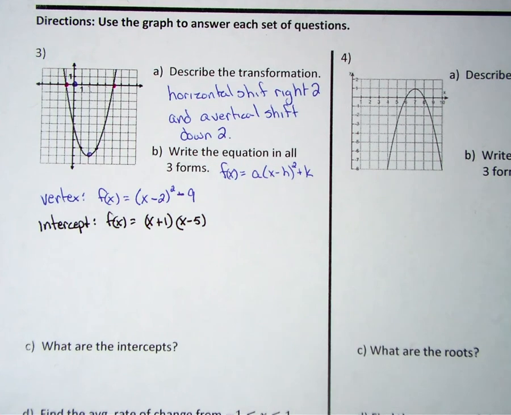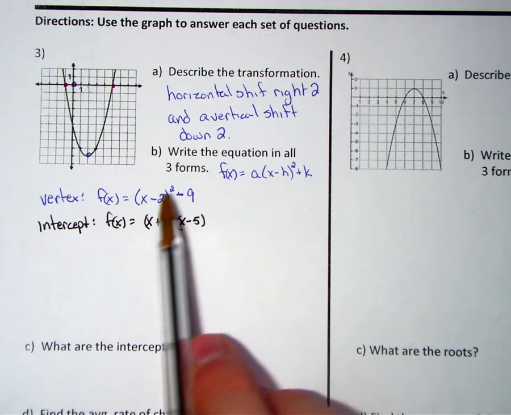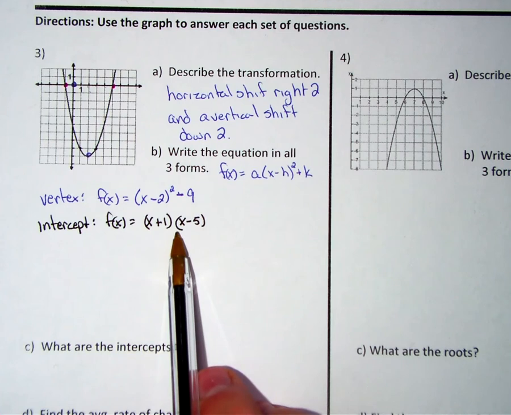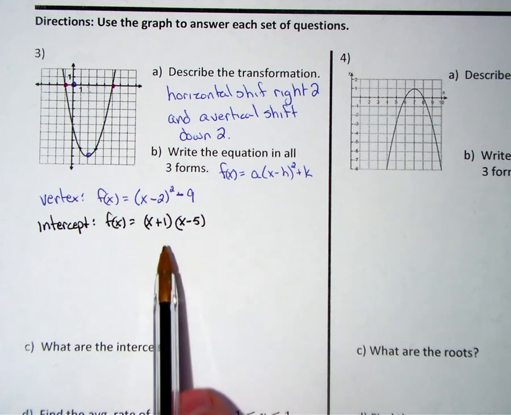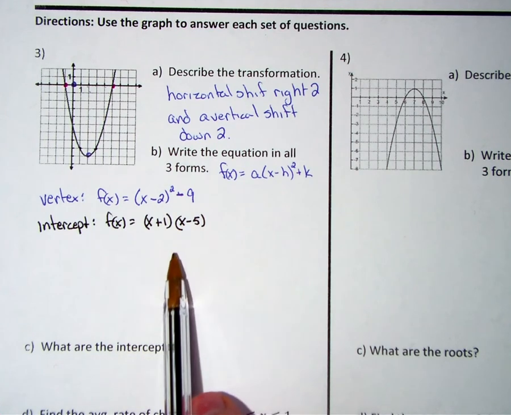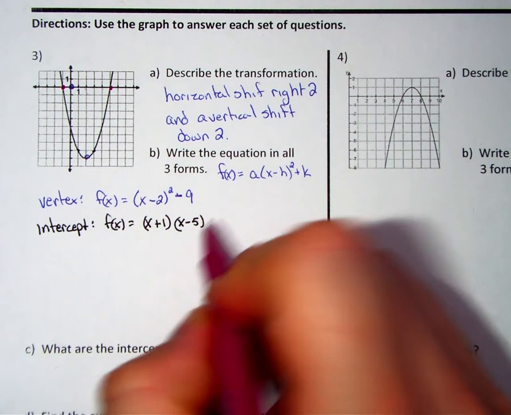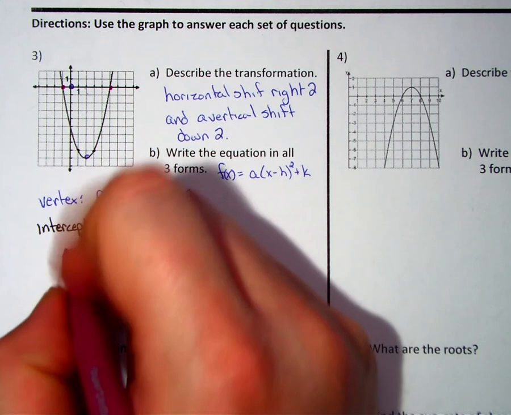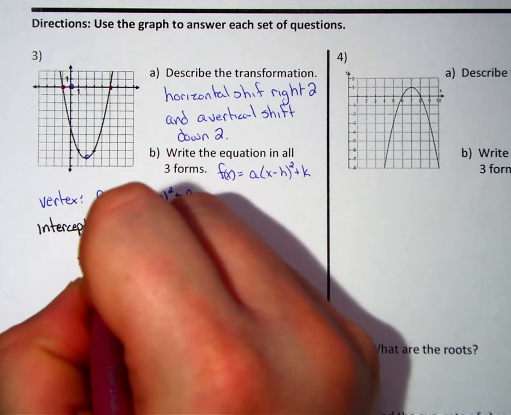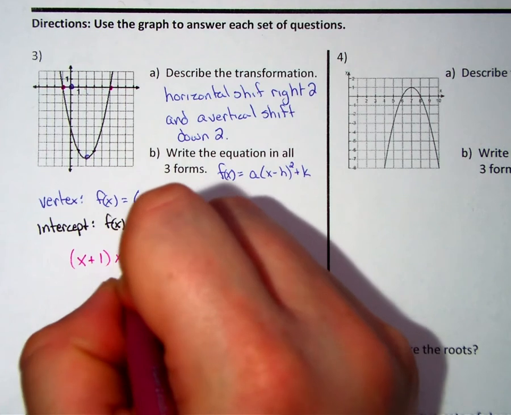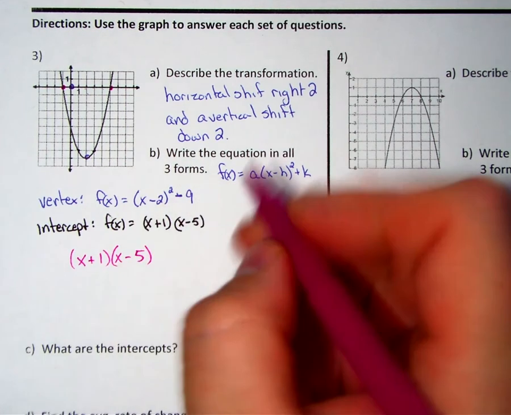All right, this gives us two options. We can either convert from vertex to standard, or from intercept to standard. I'm going to go ahead and convert from intercept to standard. So let's take my x plus 1 and my x minus 5 and FOIL it.